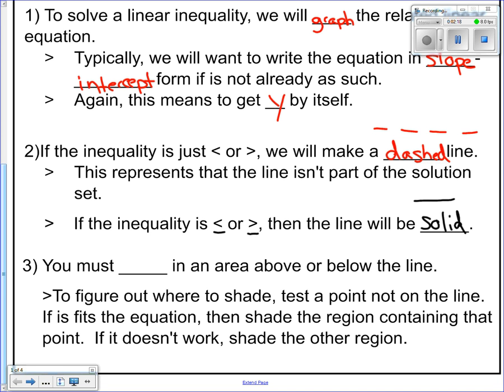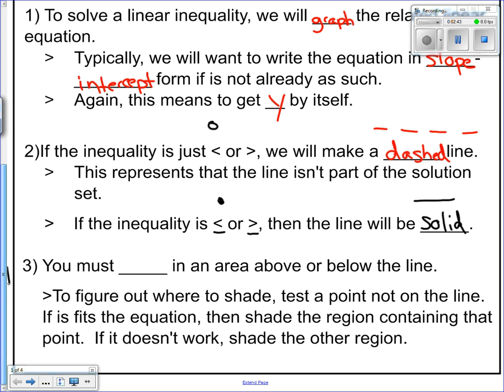So like that. So again, less or greater, dashed. If it's less than or equal to, or greater than or equal to, solid. That's like in chapter 3, if it was less or greater, we left it open. And then if it was less than or equal to, or greater than or equal to, we closed it. But now since we're dealing with a line, we're going to make it either dashed or solid.